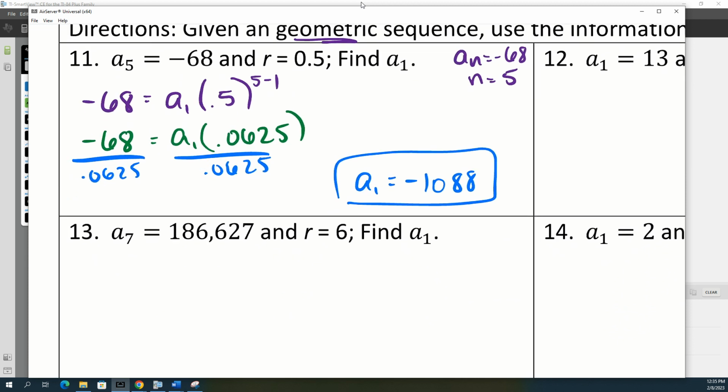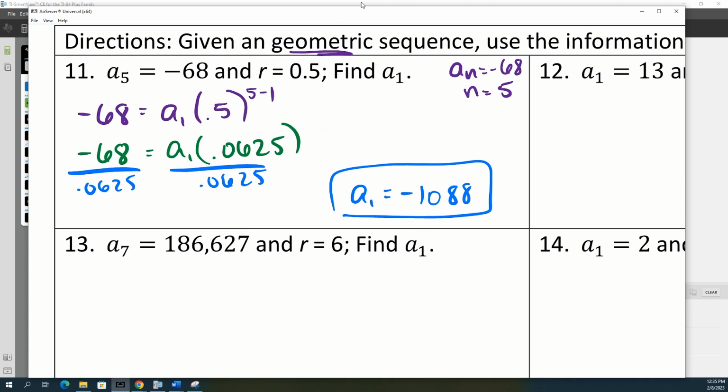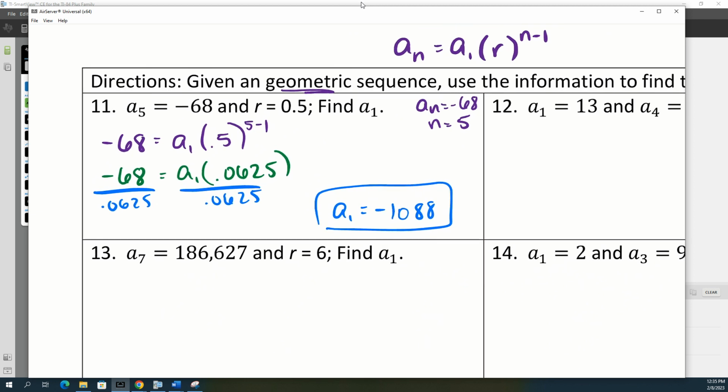All right, so we're going to go ahead and skip down and do number 13 because it's similar to that one. All right, and I'm just going to substitute everything in.